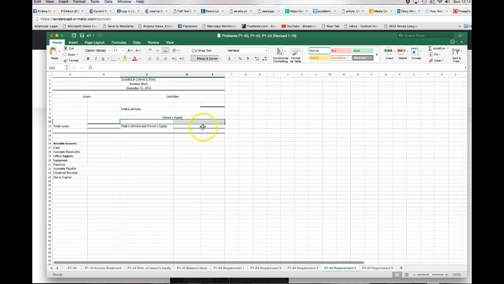And then you're going to add your owner's equity to your liabilities, and your total liabilities and owner's equity, remember, must always equal your assets. So if they do not, then you've made a mistake somewhere along the way. And again, here are your available accounts that you're going to be using to fill out this information here.